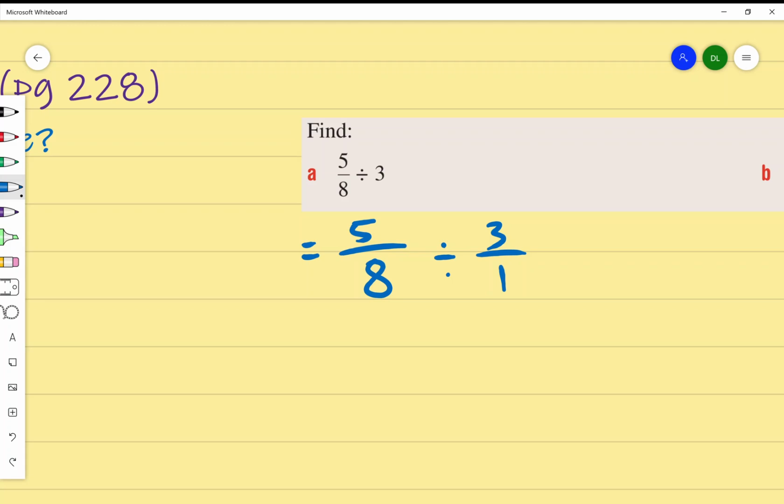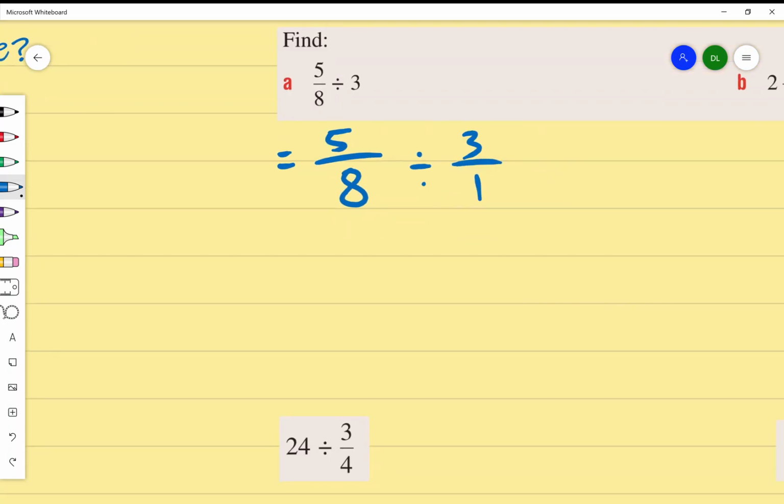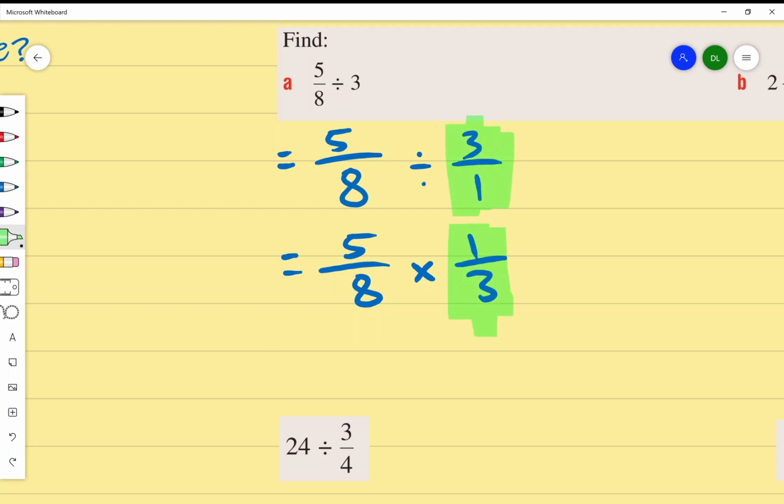So what's the reciprocal of 3 over 1? Taylor, you said it's 1 over 3. So I'm going to rewrite it as 5 over 8 times 1 over 3. So I've made this one here a reciprocal, and I've changed the sign from a divide into a multiply.